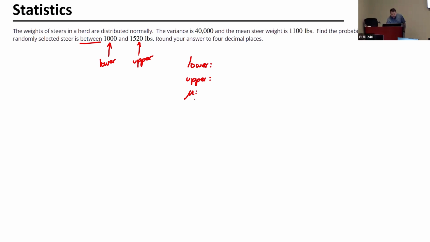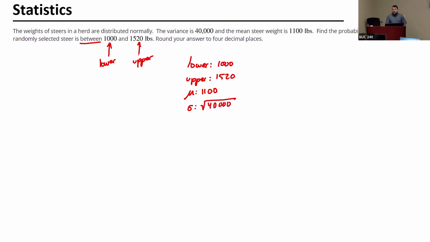We've got a mean. And then we got a standard deviation. The mean is 1,100. The lower is 1,000. Upper is 1,520. Now, in your standard deviation, you can put the square root of 40,000 in your calculator if you wanted to.